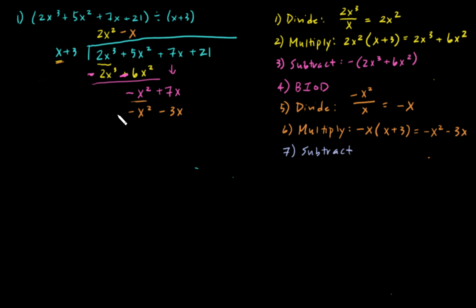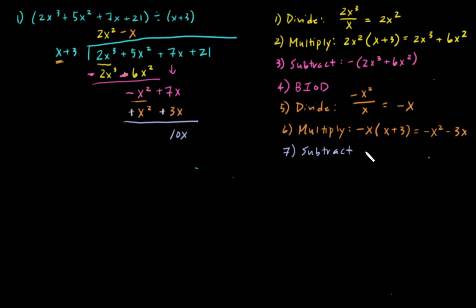And so we put a negative here, and that negative is going to distribute in here. So I'm just going to change the signs. So we have a negative x squared plus x squared, so this is 0. And then we end up with a 10x.